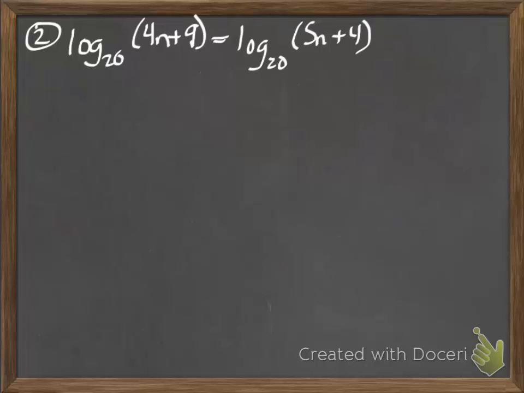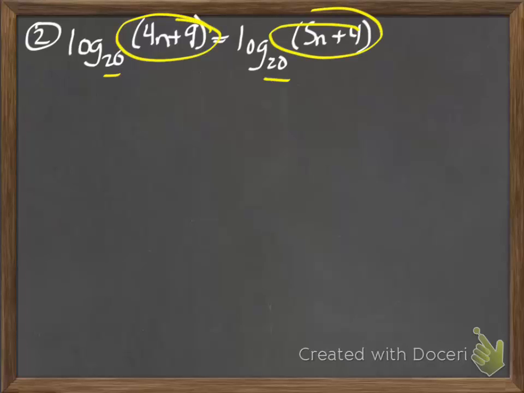For our purposes, I am going to have the same base on both sides. If they don't match, you have to do change of base. Change them to where they both have the same base. That change of base formula we worked with on Thursday, that's what you would apply. Not going to happen today. Today, you're going to see the bases match, and all you do is set the parentheses equal to each other if there's nothing else being done to the problem.